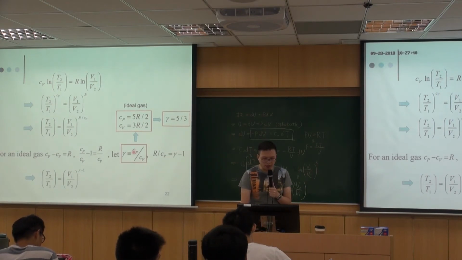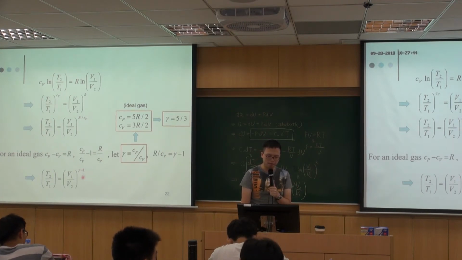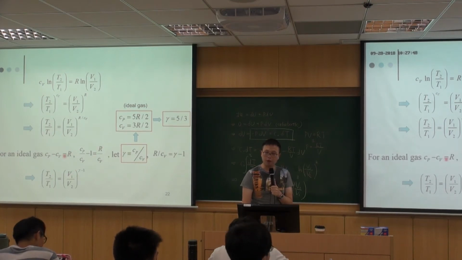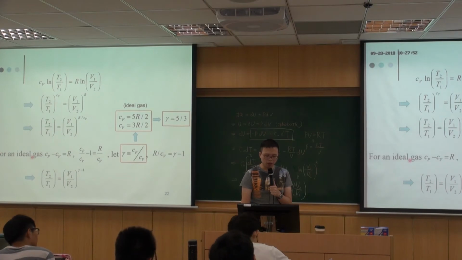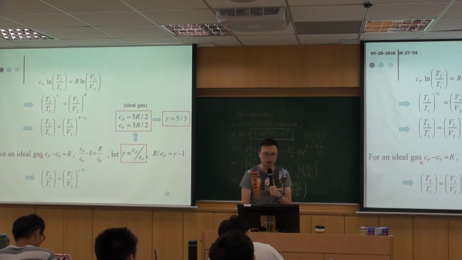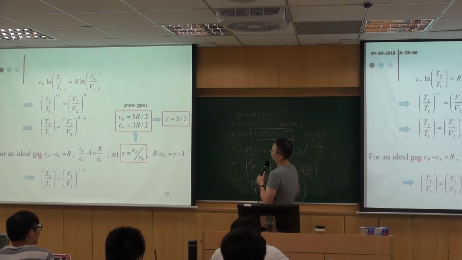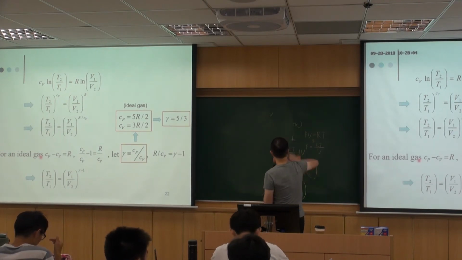And it turns out that R over CV will just be gamma minus 1. So this is kind of not so straightforward, but please, if you have time, try to derive this by yourself. And this is pretty straightforward, actually. It is not that difficult.